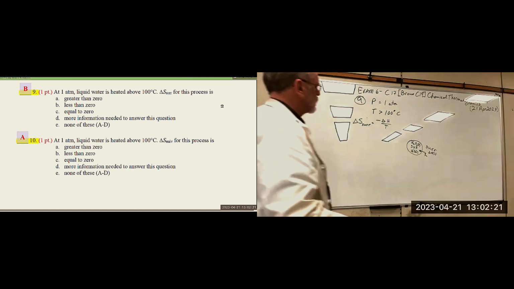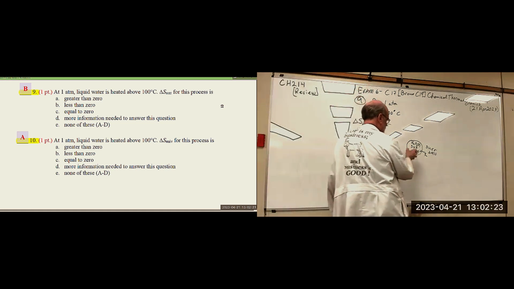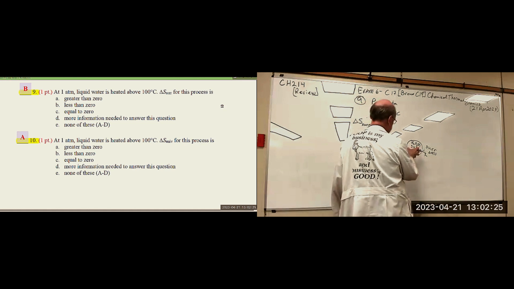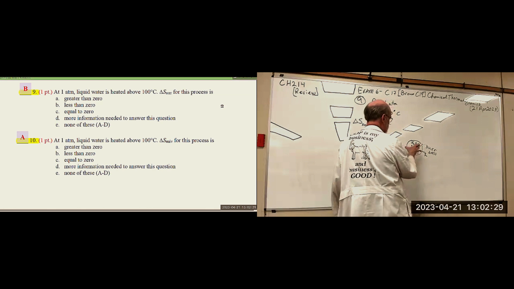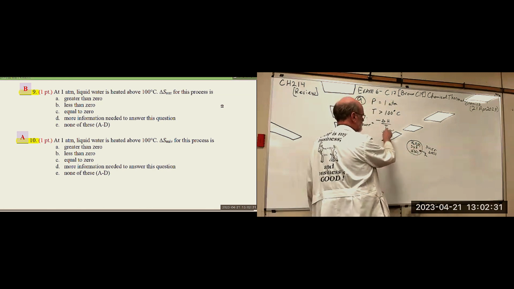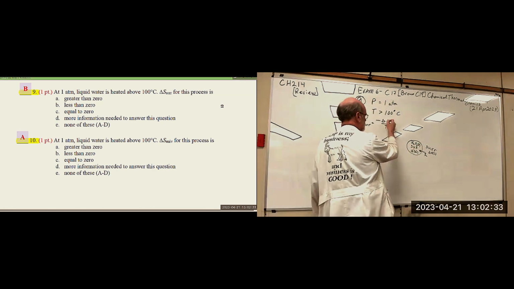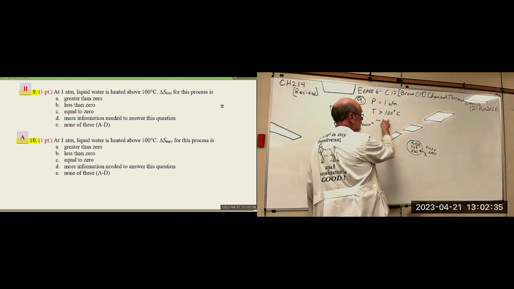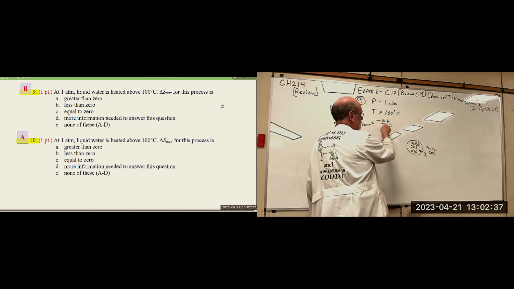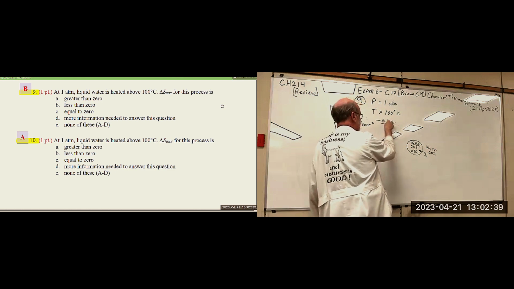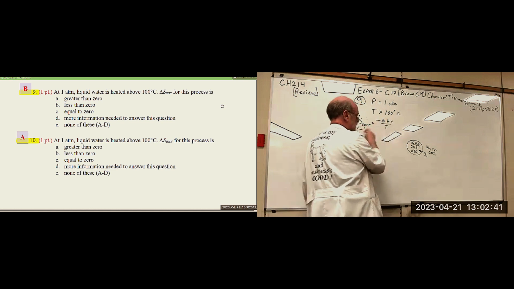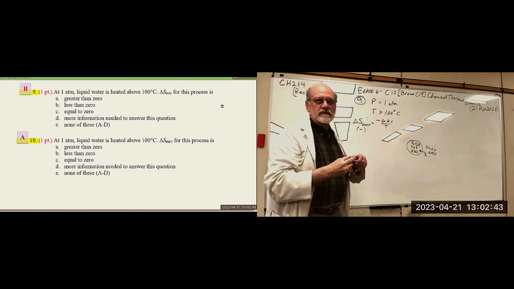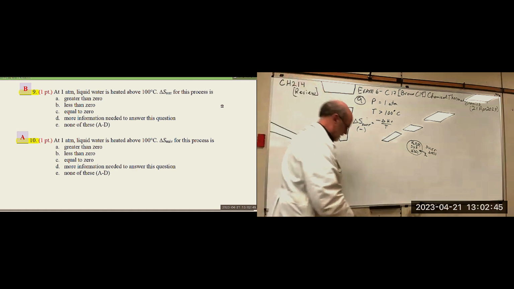Yeah, that works. The delta H is positive because it's an endothermic process, and this is actually the delta H of the system. So if this one's positive, that makes it negative, and this has to be negative. So either way you look at it, you should get the right answer.